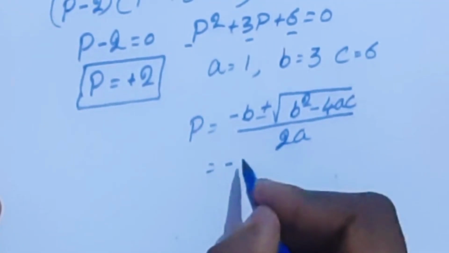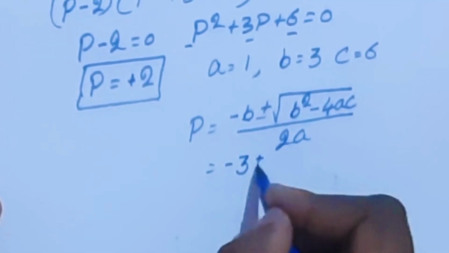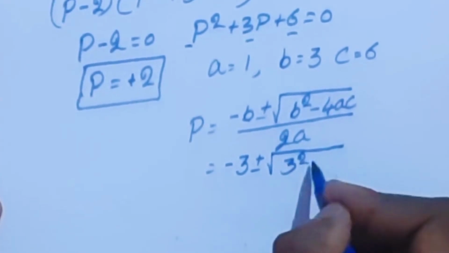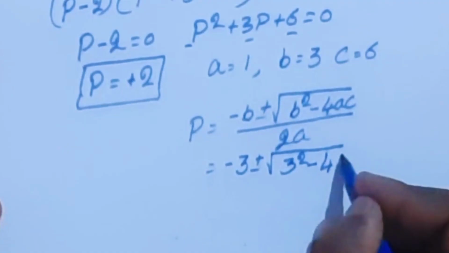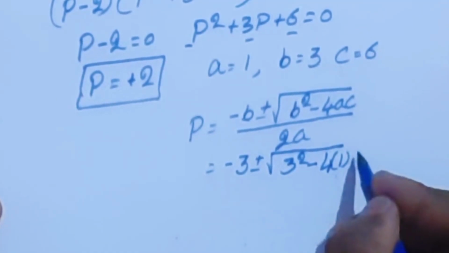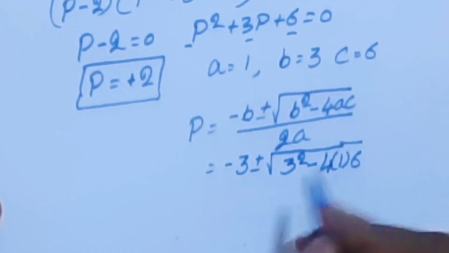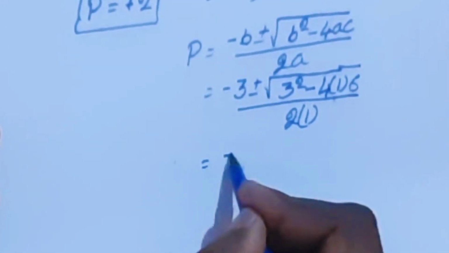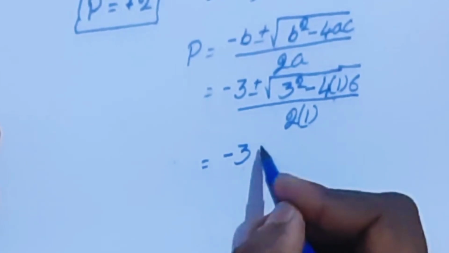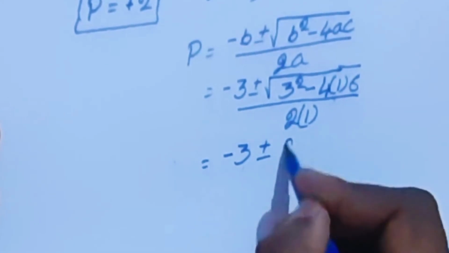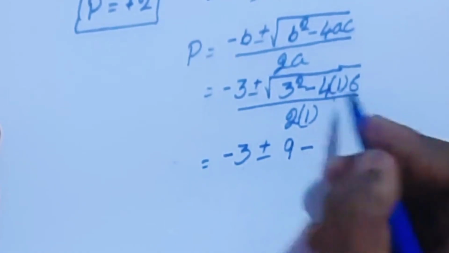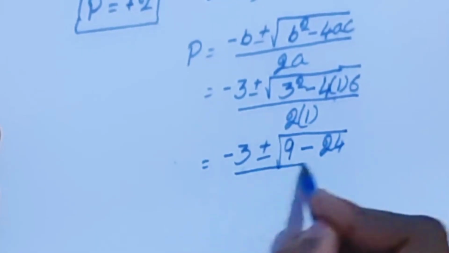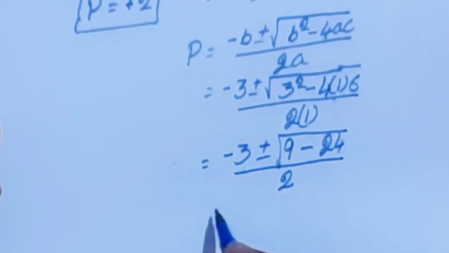So minus 3 plus or minus square root of 3 square minus 4 times 1 times this 6 by 2 times 1. Now here minus 3 plus or minus square root of 9 minus 24 by 2.